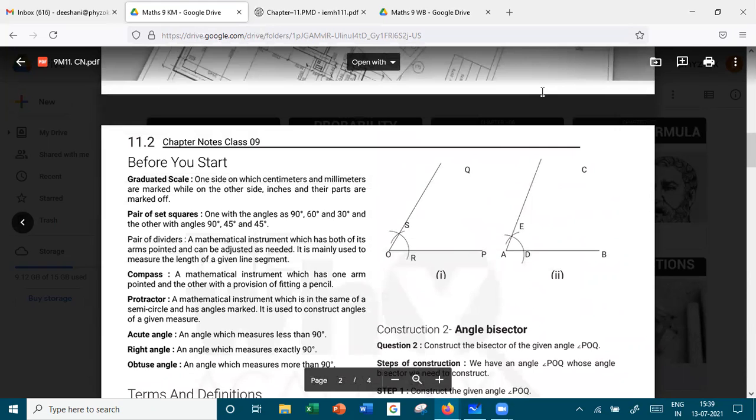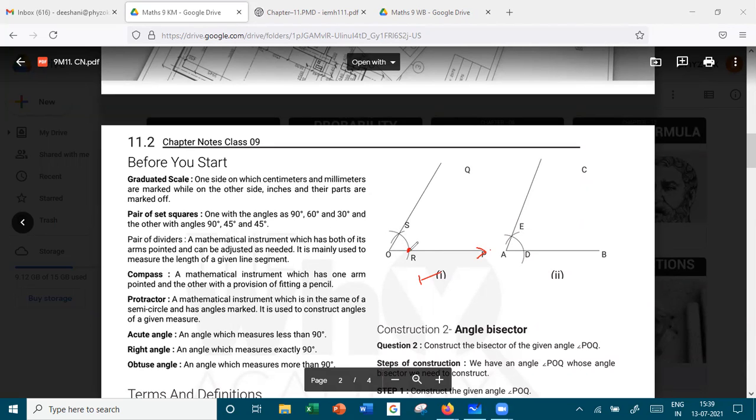Suppose you are given this figure. Figure 1 is given to you, and you are asked to replicate this angle as it is, right? So what you do is you mark an arc. You make an arc and cut it on the base line or the base ray OP. You make this cut at R, right?